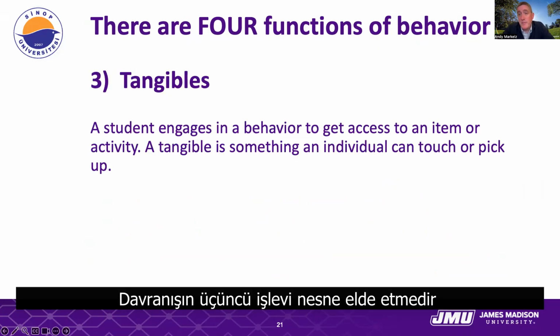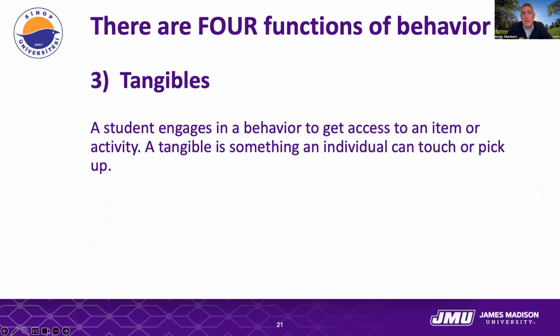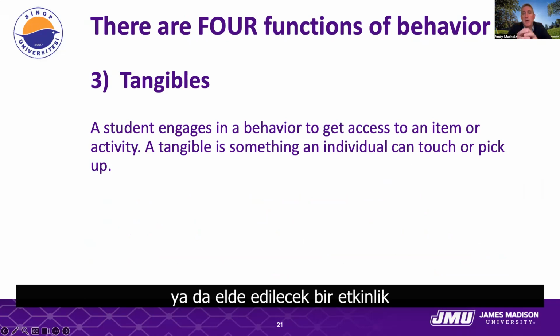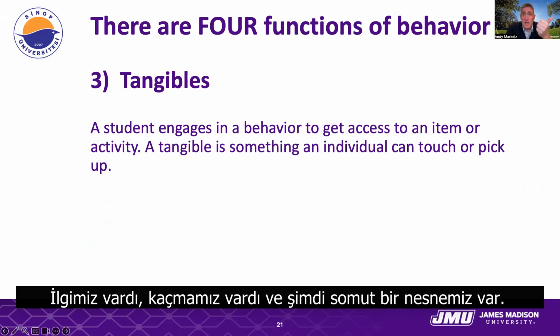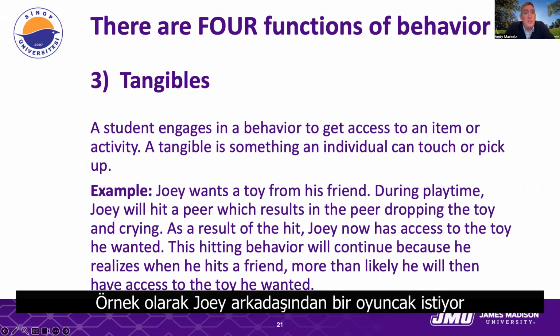A third function of behavior is tangibles. It's to engage in a behavior to get something, an item or an activity. A tangible is something you can grab or hold. You can't really hold an activity, but it's something to actually get. We had attention, we had escape, and now we have a tangible. So, as an example, Joey wants a toy from his friend.